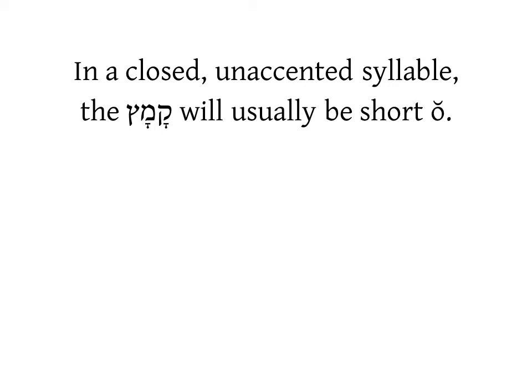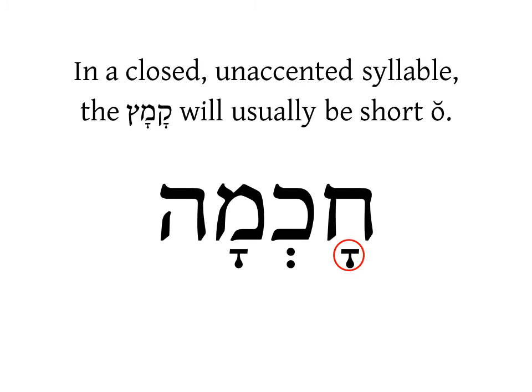In a closed, unaccented syllable, the qamats will usually be qamats hatuf, short o. So take this word. We've already seen the word ha-chama, which had a qamats and a metheg under the chet, but in this word, we just have a bare qamats.